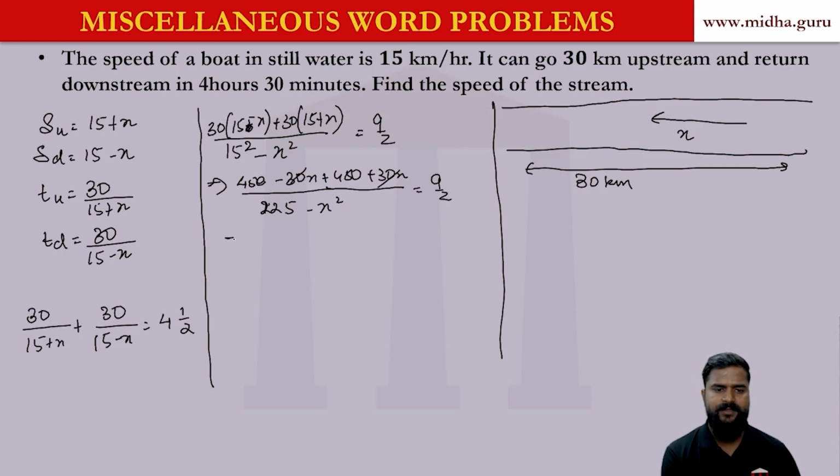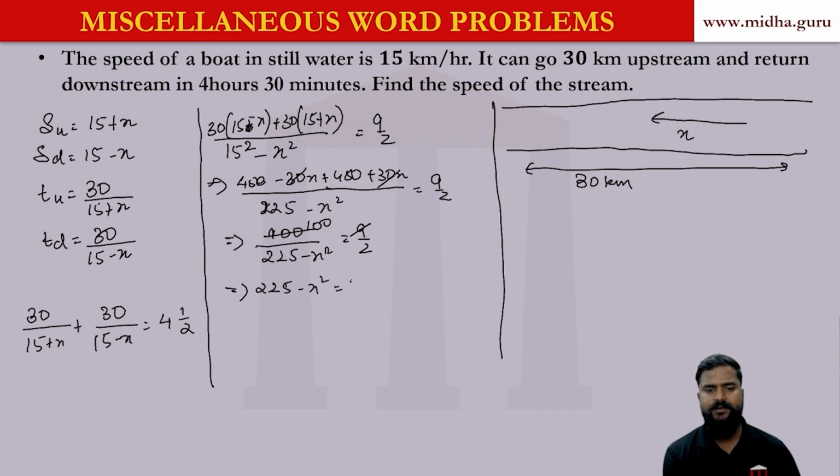Since minus 30x and plus 30x get cancelled out, this becomes 900 by 225 minus x square is equal to 9 by 2. Cancel this out as 100. The equation I get is 225 minus x square is equal to 200, which means minus x square is equal to minus 25. So x square is equal to 25.